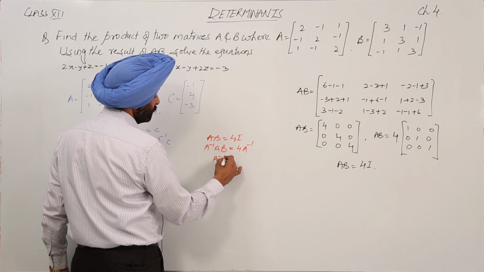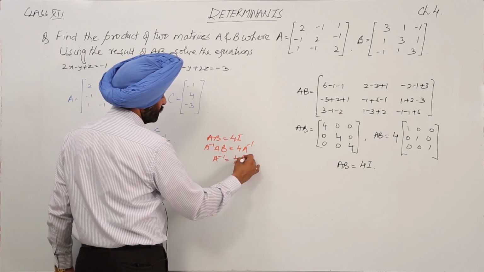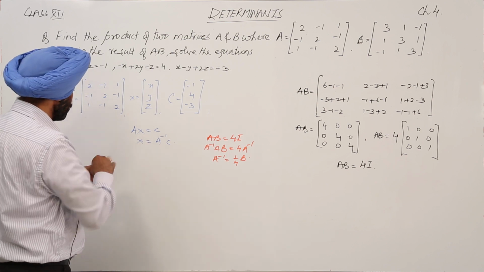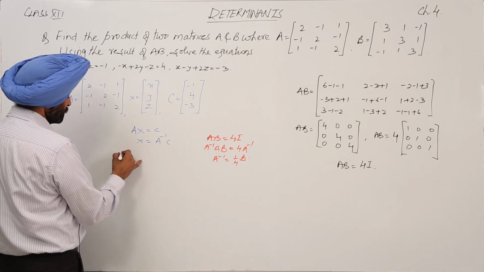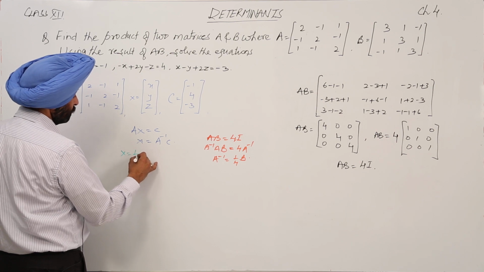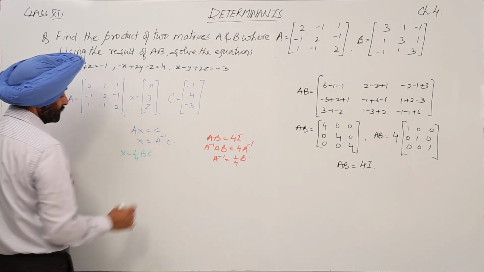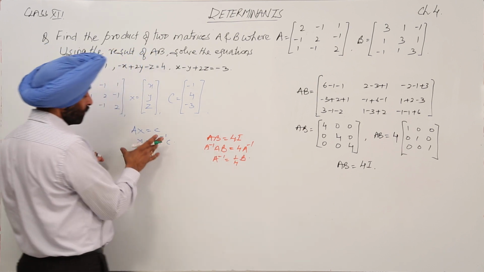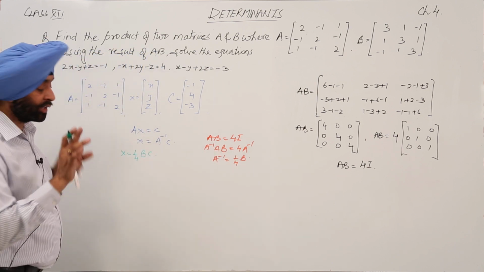Now A inverse will be 1 upon 4 times B. Now this value we are going to put here. So here we are getting X is equal to 1 by 4 B C. We have used this step for A inverse; we have not found the adjoint.